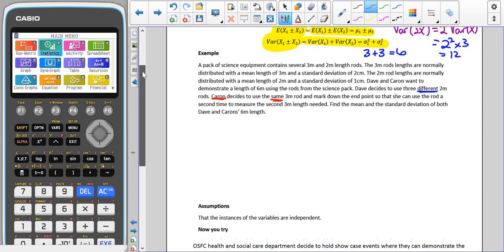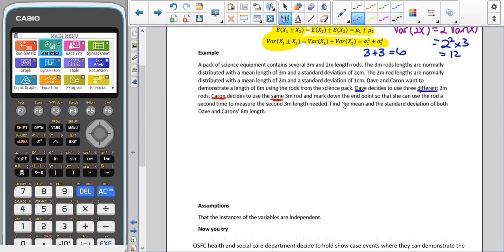Now, we have to be careful here for a couple of reasons. Not only do we have the two different situations going on with Dave and Karen, but we also have two different measurements. We have metres and we have centimetres. So what I'm going to do is use centimetres for everything.